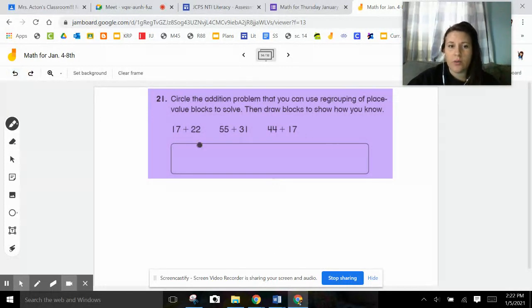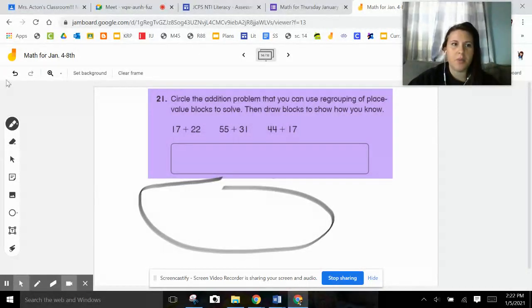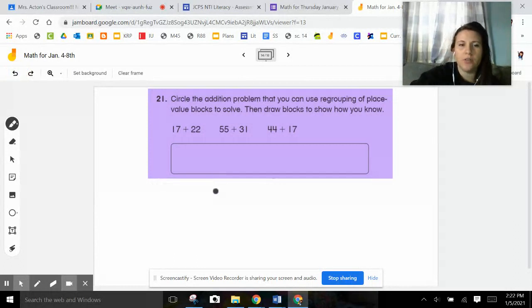So we want to know 17 plus 22, 55 plus 31, or 44 plus 17, which one of these are you regrouping? It gives you this little box to do your work, but we're going to do our work down here in this big space. First thing I'm going to do is make my number 17, which is 1 ten and 7 ones.